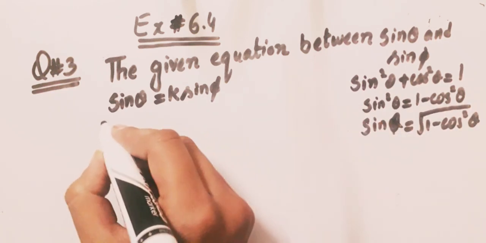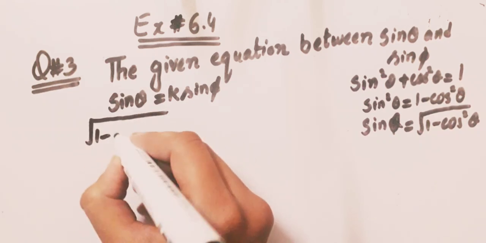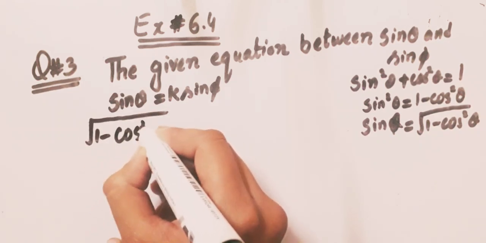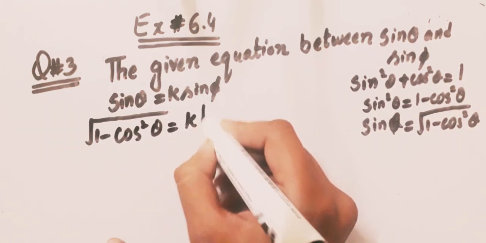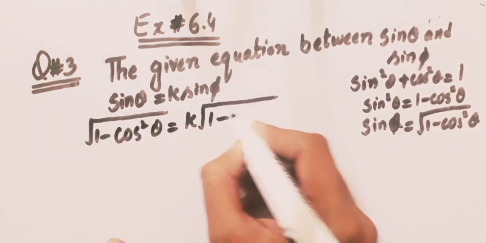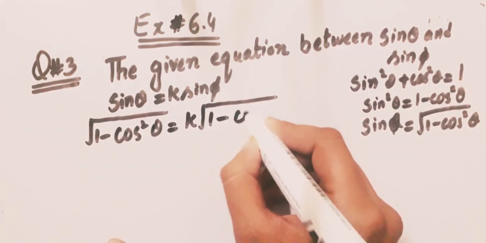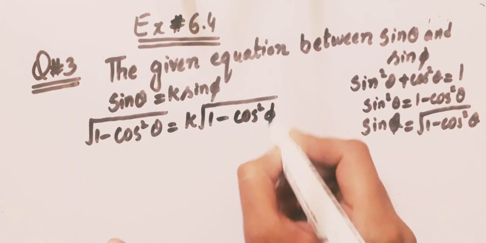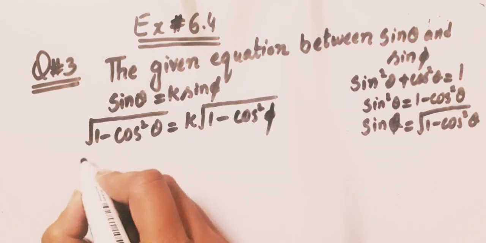So sine theta is equal to square root of 1 minus cos square theta, and k sine phi will be equal to k times square root of 1 minus cos square phi. Now we will take square root on both sides.